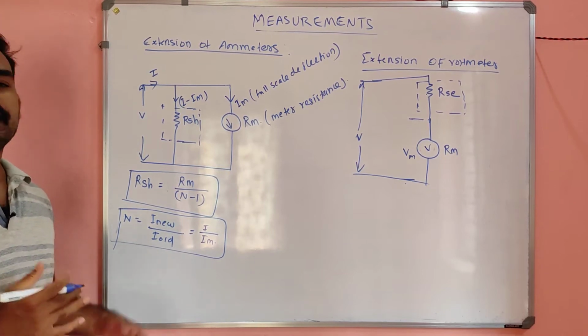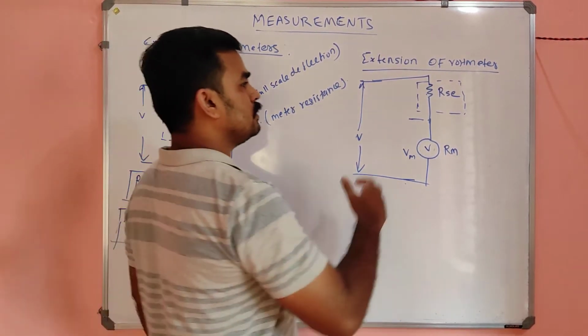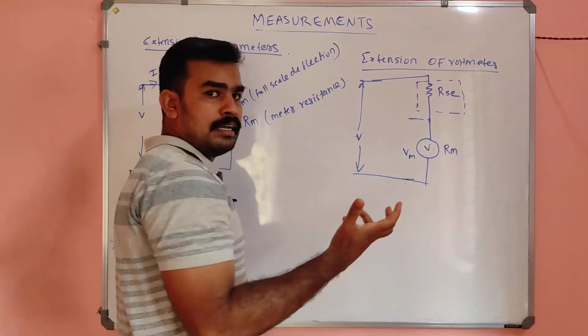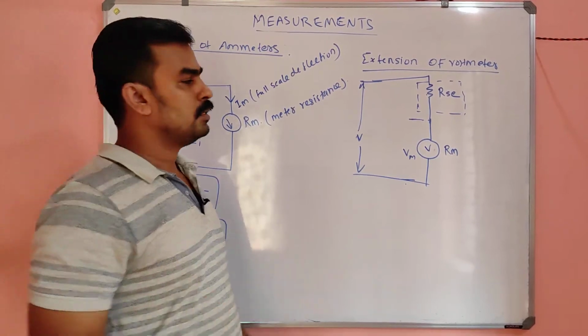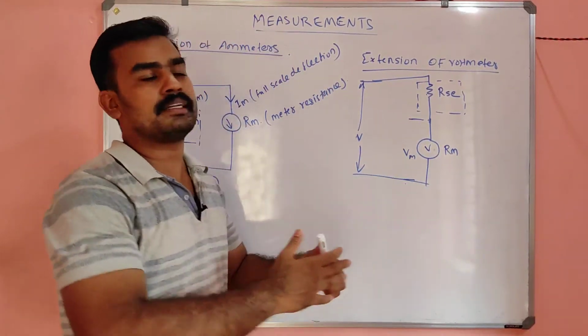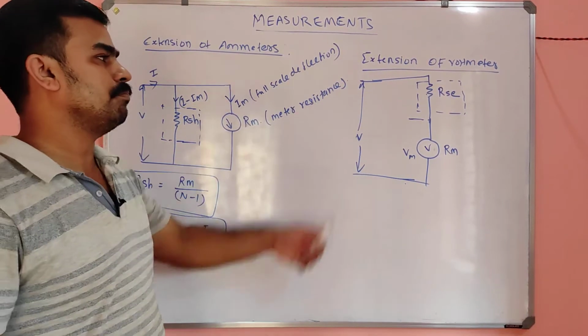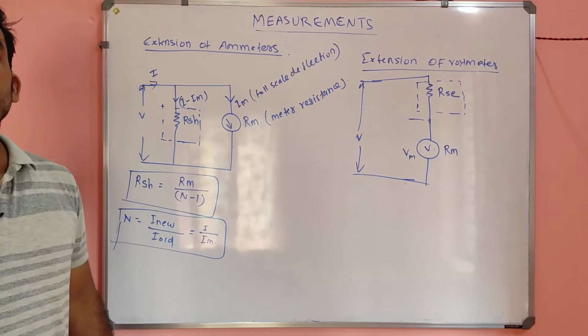Why? Because this series resistor can itself drop a very high value of voltage, so only the remaining voltage is available to the meter, and the meter stays safe. So in total we can measure the total value.